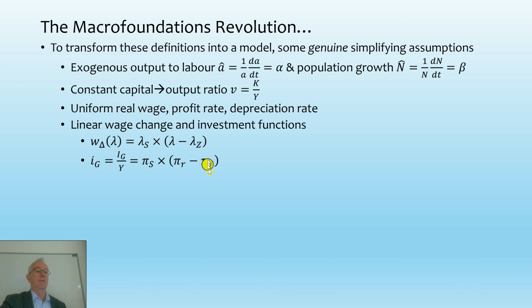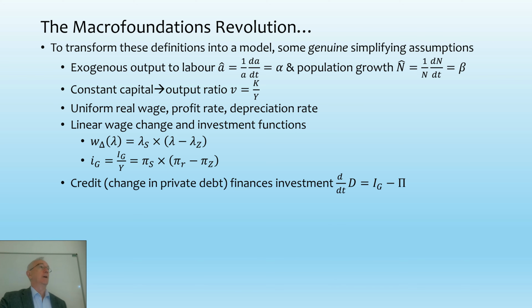So at that level, profit equals investment. At a higher level, you have higher investment, but you've got to borrow money to finance it. And what I have there is I'm ignoring speculative borrowing. I've simply got firms borrowing money to finance real investment. So the rate of change of debt.